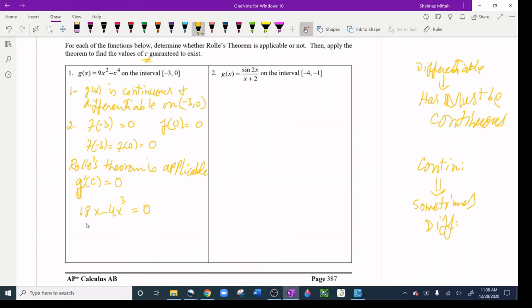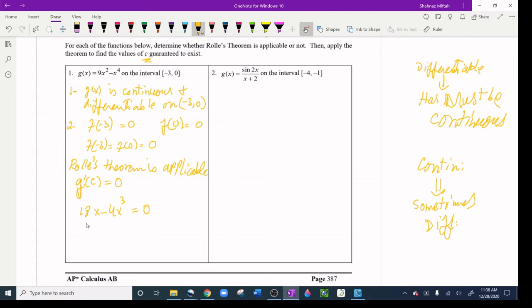So make each factor equal 0 like we usually do. This one is going to give me c equals 0. That's 1. And then for this one, -2c squared equals -9.